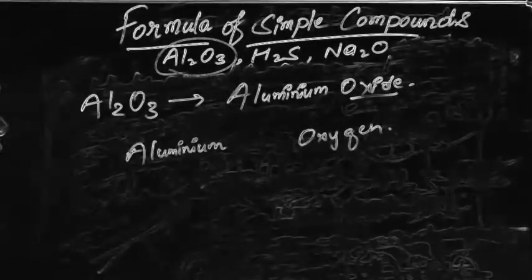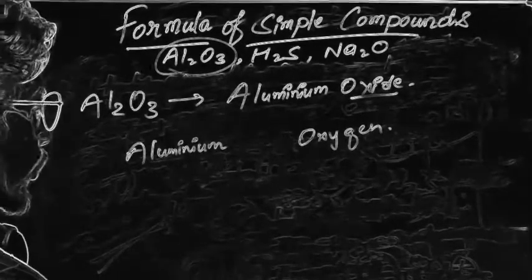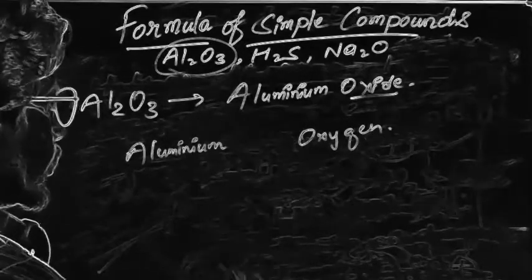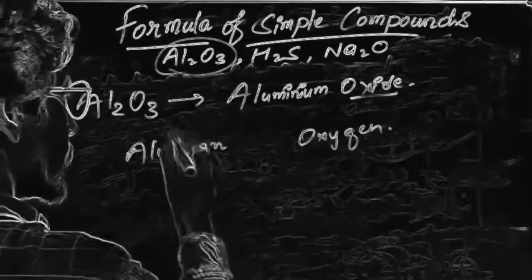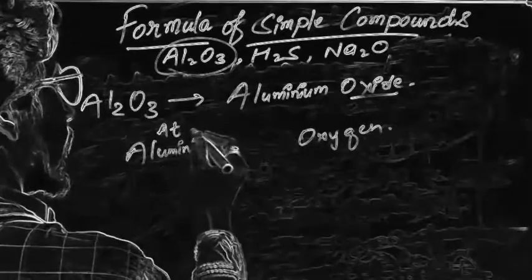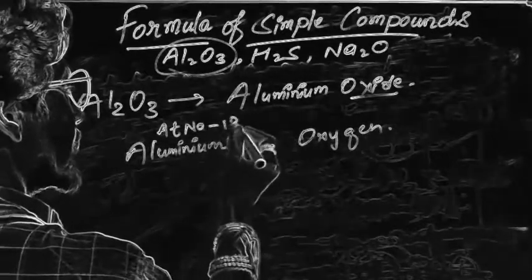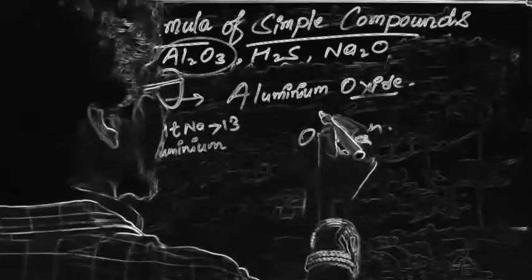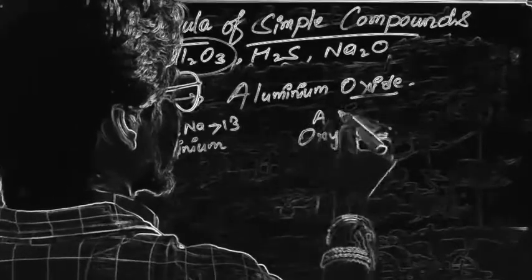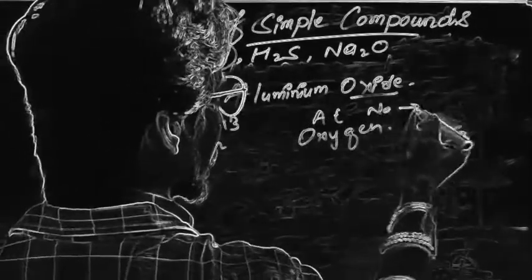If you know the valency of aluminium, it's better, but if you don't know, you can find it out very easily. You should be only knowing the atomic number. So atomic number of aluminium is 13 and atomic number of oxygen is 8.